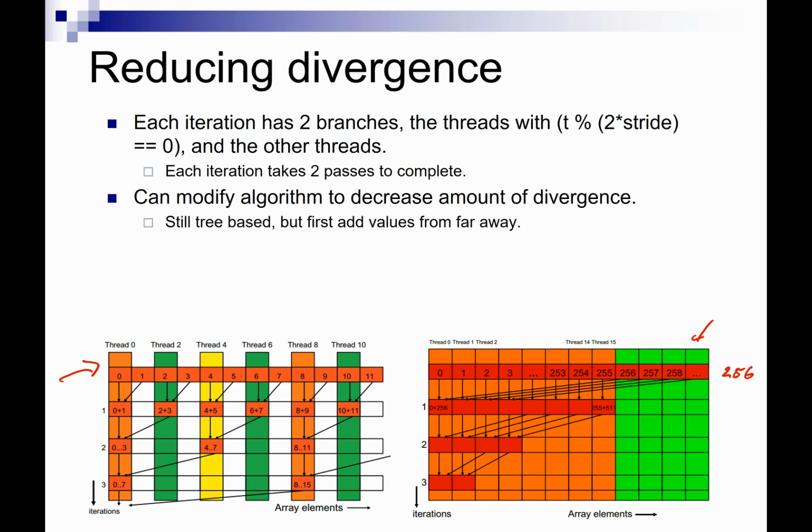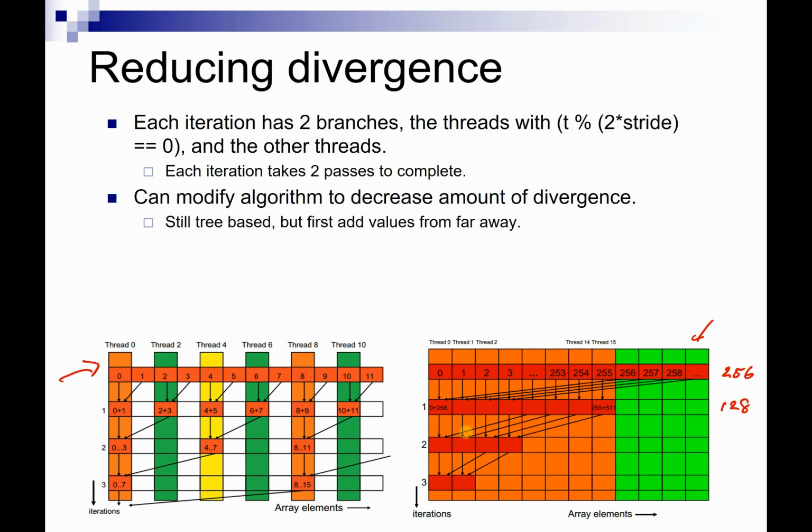After you do this first phase, you also reduce the number of values you have. Initially you have 512 values in the first row, and after this first phase you end up with 256 values. Now that you have 256 values, you again partner up the nodes which are distance half of 256 apart. So now the stride distance is going to be 128.